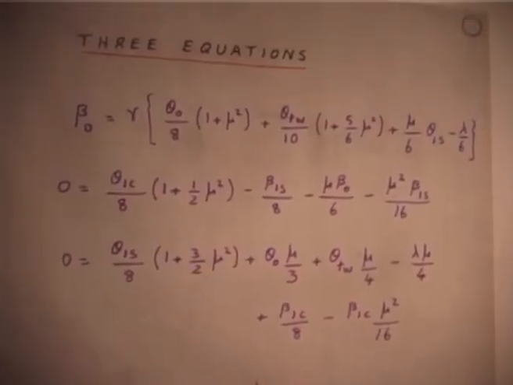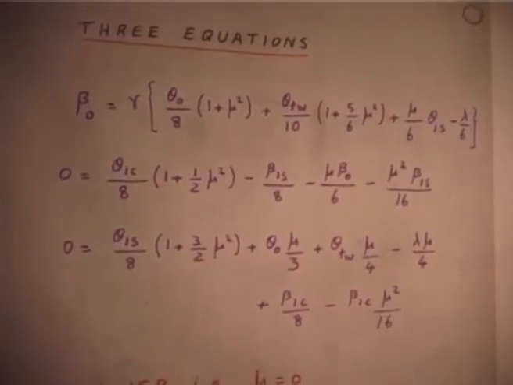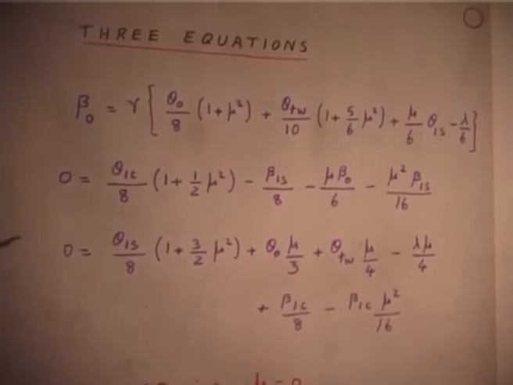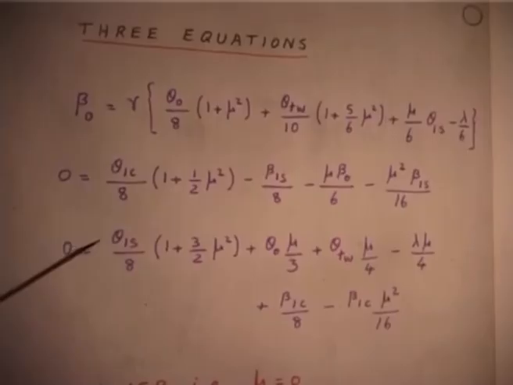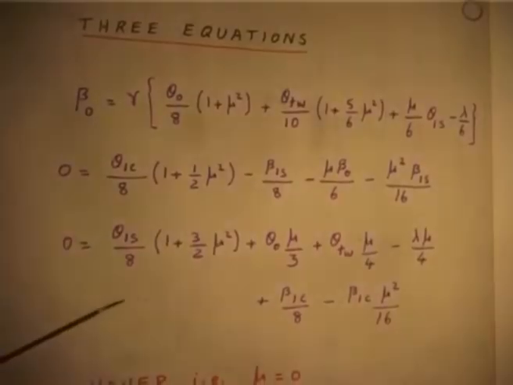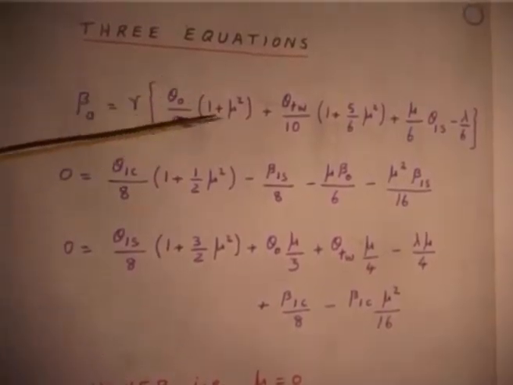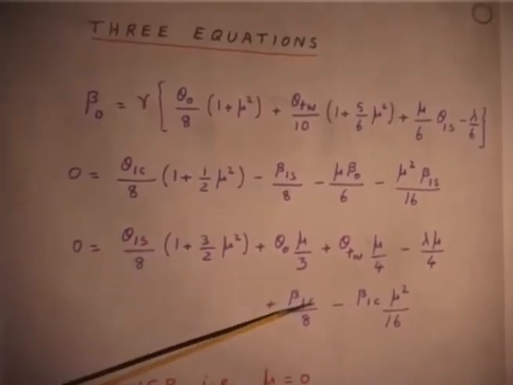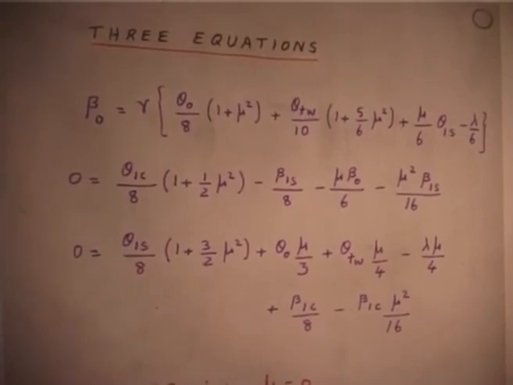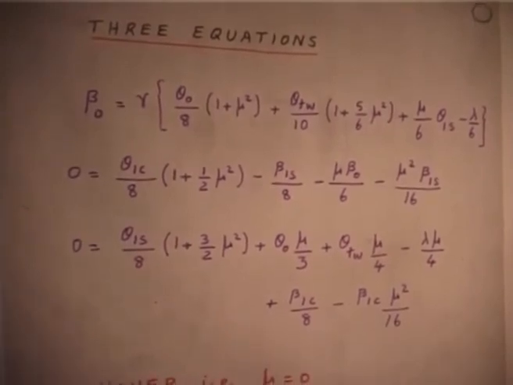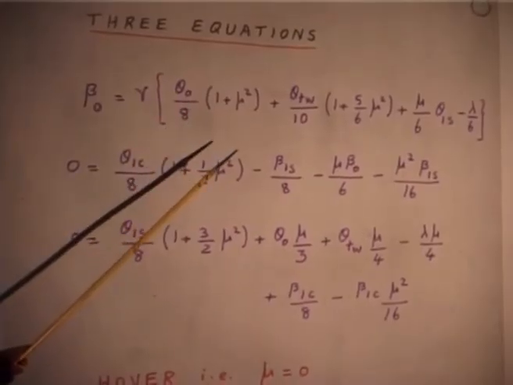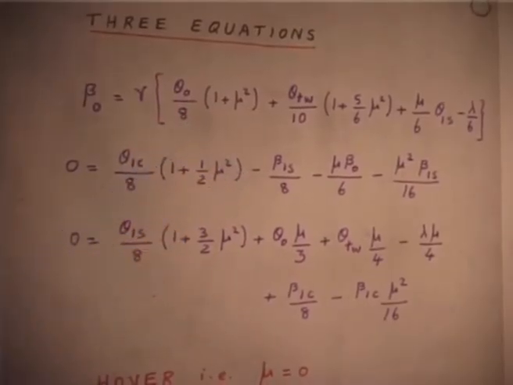Then you ask, who gives me my lambda? Okay, lambda should be known before you come to solving these 3 equations. Please understand, before you solve these 3 equations to get beta naught, beta 1s, beta 1c, you must know what is the lambda, what is the input pitch angle, what is the operating condition, at least that part you must know.